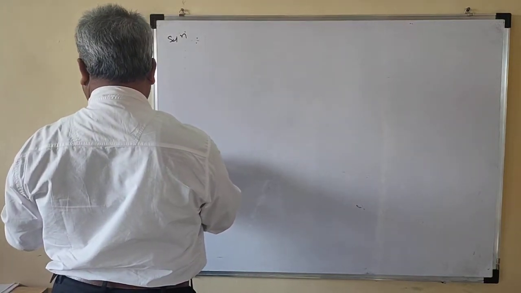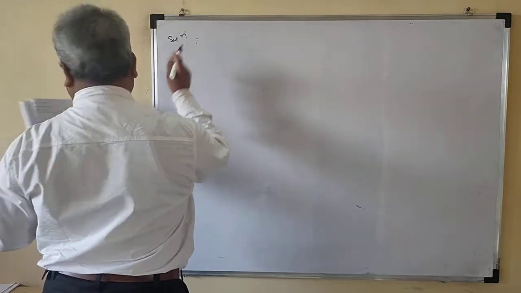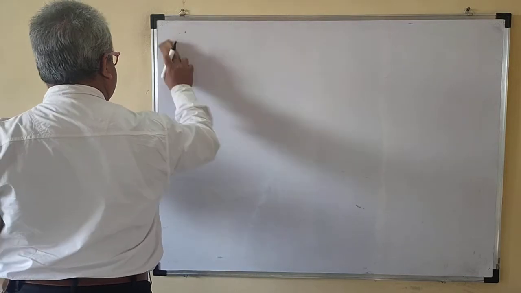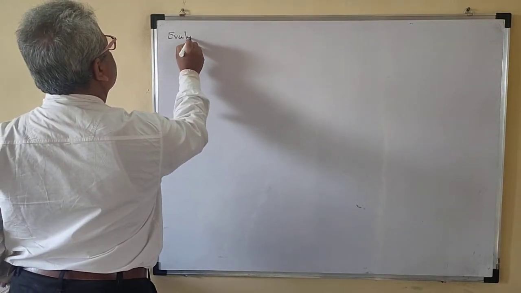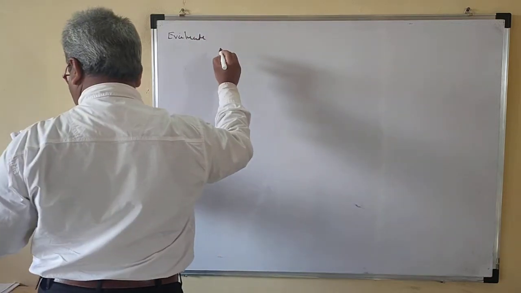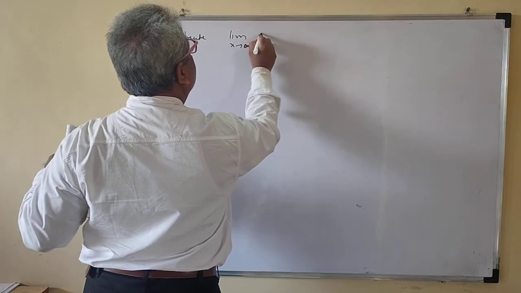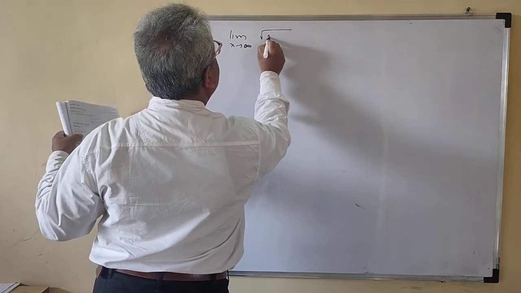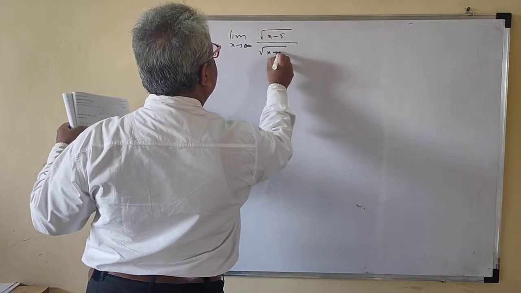Evaluate the limit as x tends to infinity of (root of x minus 5) upon (root of x plus 3).